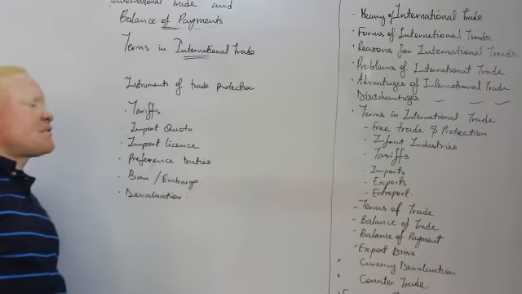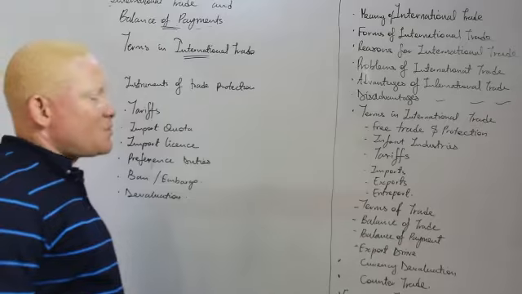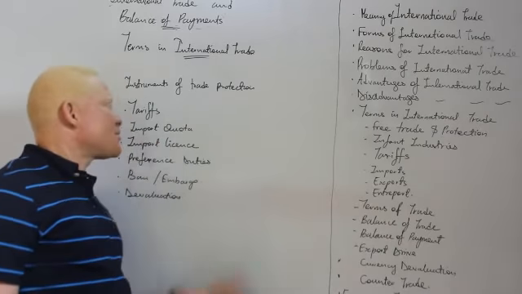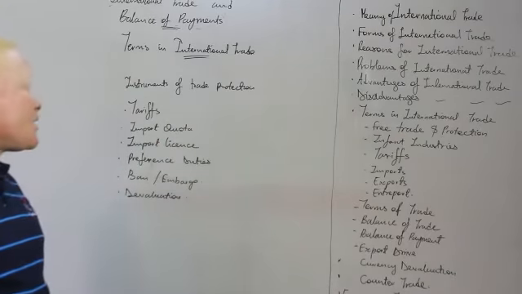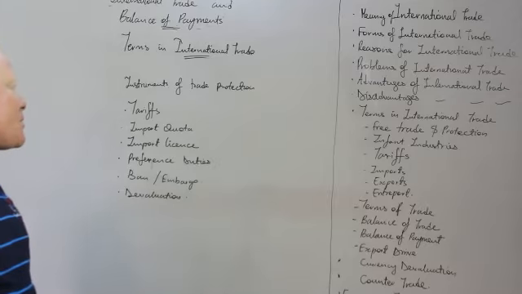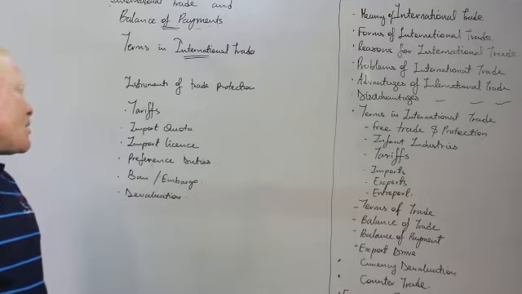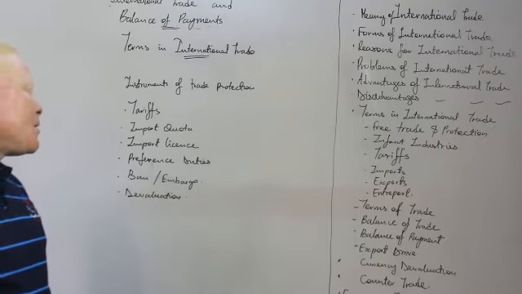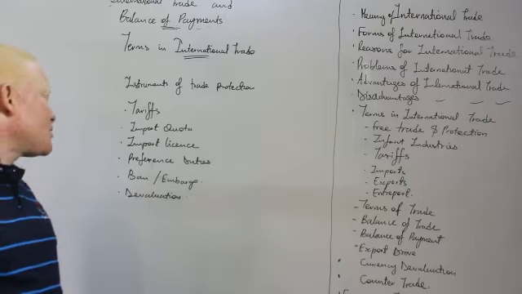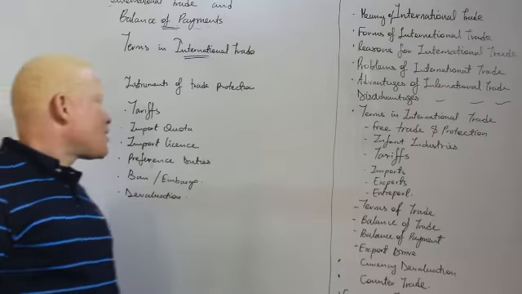First off, we have tariff. The next one, import quota. The third one, import license, preference duties, ban or embargo imposition, then devaluation of a currency.